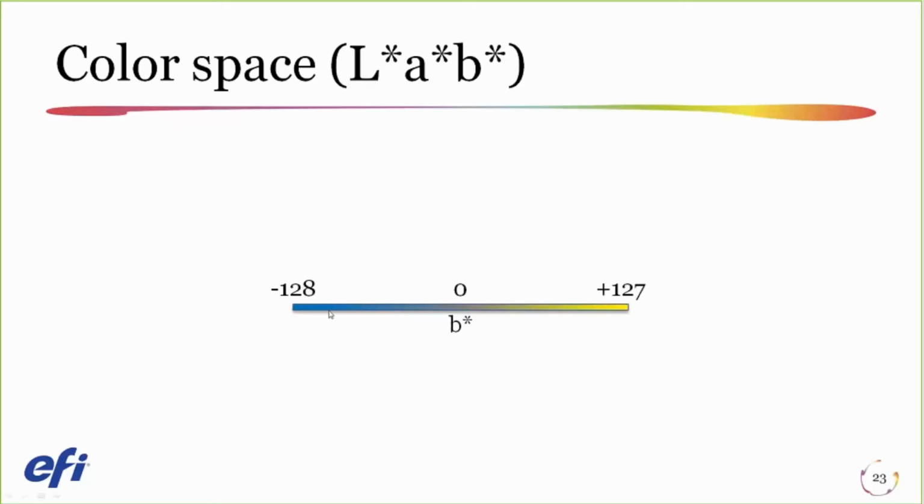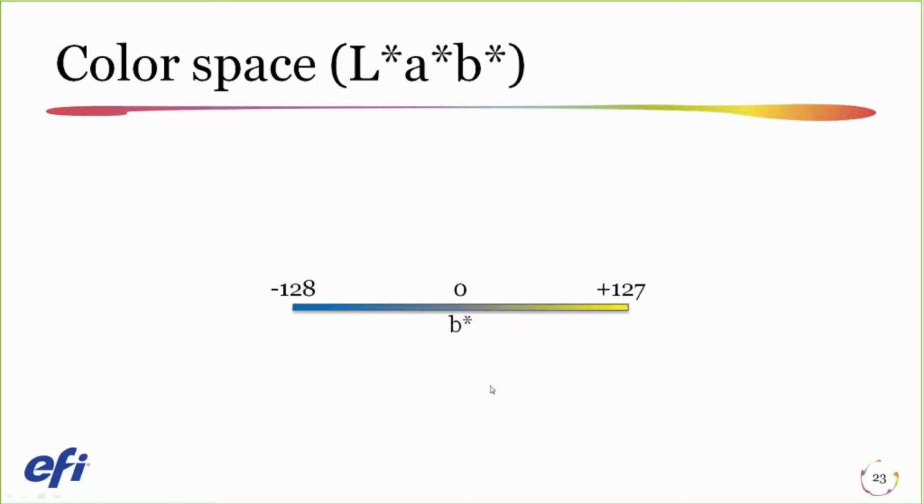Now, of course, just to make sure that things are a little more complicated than they probably need to be, this goes from a positive 127 to a minus 128. And these numbers aren't really that important that anyone knows. It's really used as a reference when we compare two colors, not so much that you understand, oh, where is a plus 92 B star? That's far less important to understand. But again, the 0 point of the B star channel is also neutral.